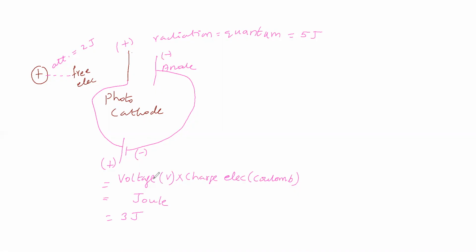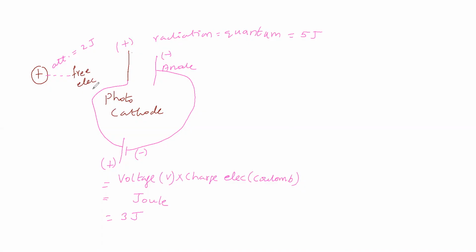Okay. Now how is the battery playing a role? That we will see. The anode is repelling this free electron, and the photocathode is attracting this free electron.